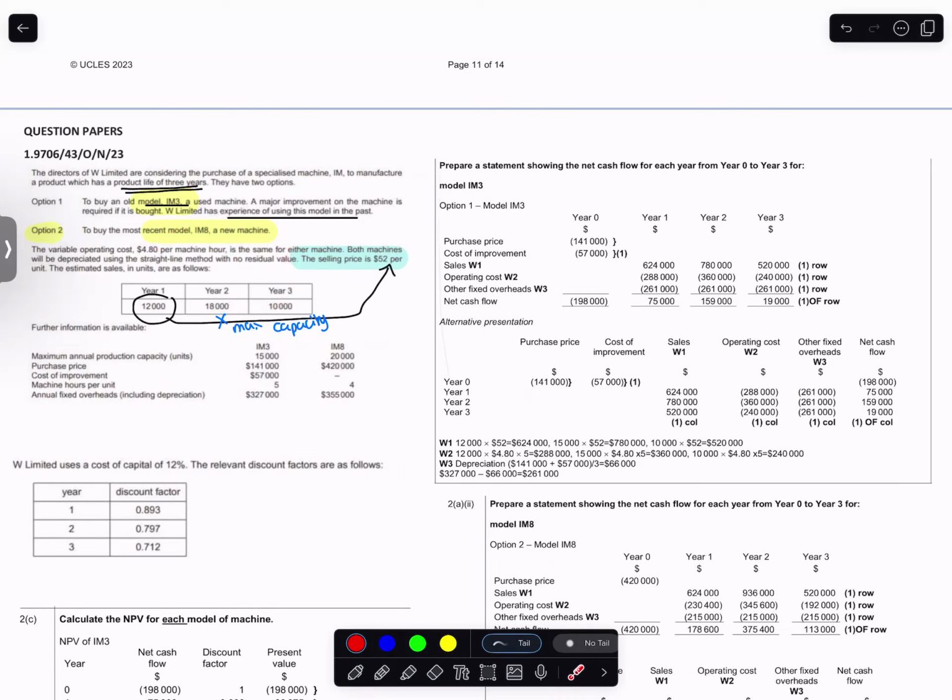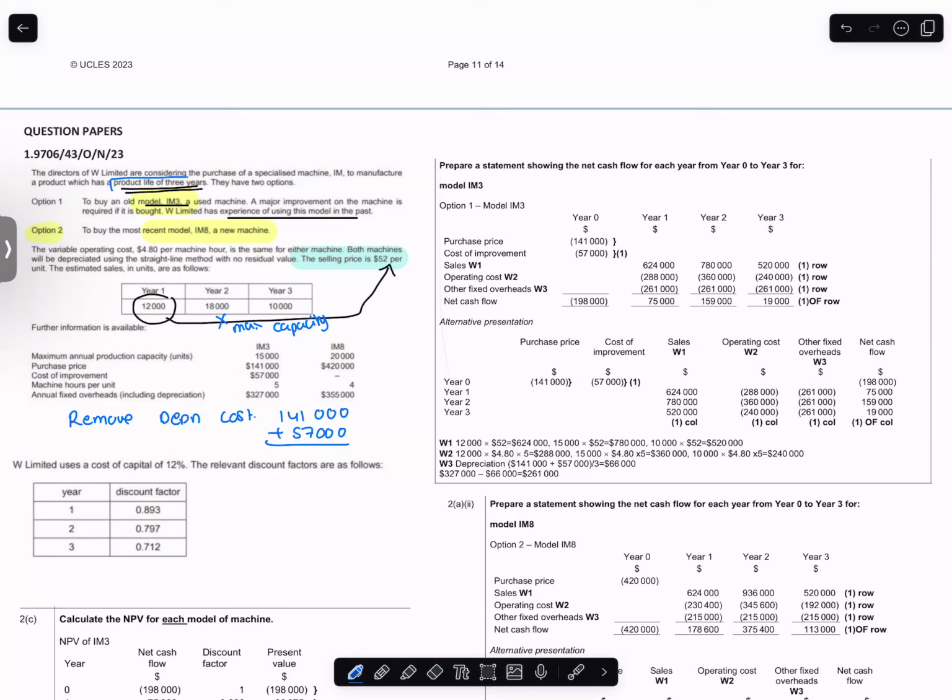Then how about the fixed overheads? For the fixed overhead, you'll have to remove the depreciation cost. Why are you removing the depreciation cost? Because it's a non-cash expense. How will you remove depreciation cost? You'll do the purchase price, which is 141,000 plus 57,000 divided by the useful life.